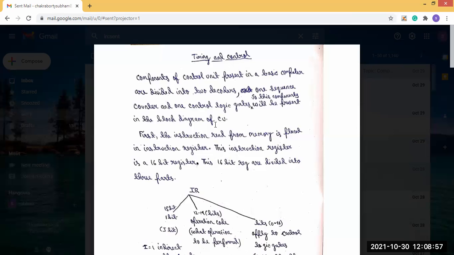That is one sequence counter, one control logic gate, and two decoders. These are the components that are present in our system's control unit.